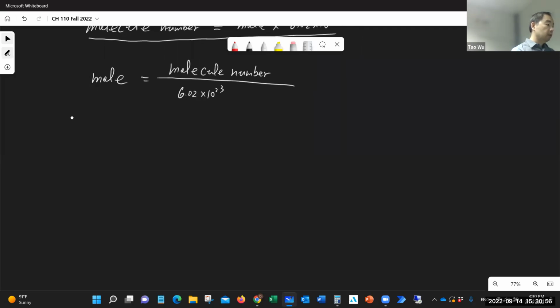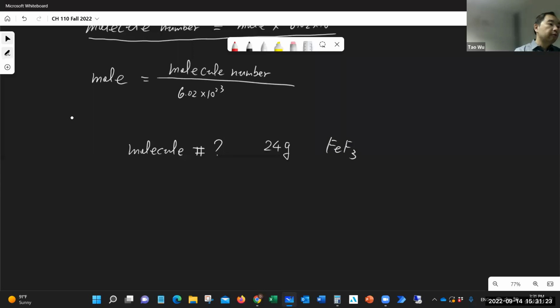First, the question asks how many molecules. They're asking for the molecule number. We have 24 gram of FeF3. So how should we solve this kind of problem?